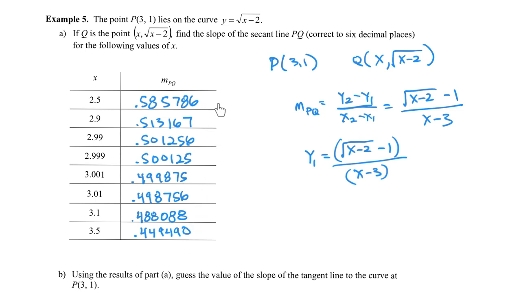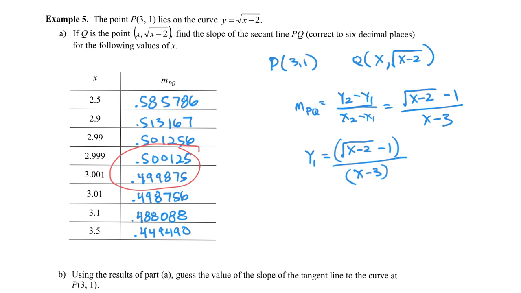So if you go through this on your calculator, you should get these numbers here. I just rounded these to 6 decimal places, and then we can see as x approaches 3 from the left, from numbers below 3, the numbers seem to be approaching 0.5. Then also as we approach 3 from numbers above 3, so approach from the right, it looks like these are getting close to maybe 0.5.